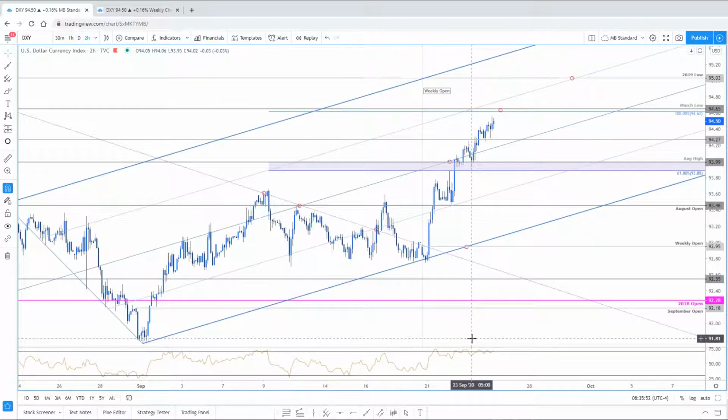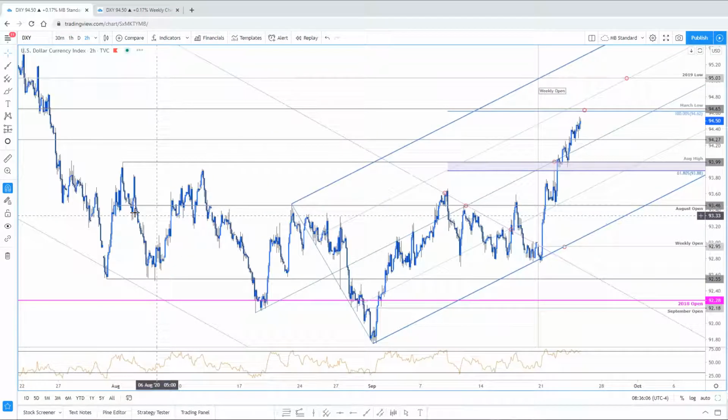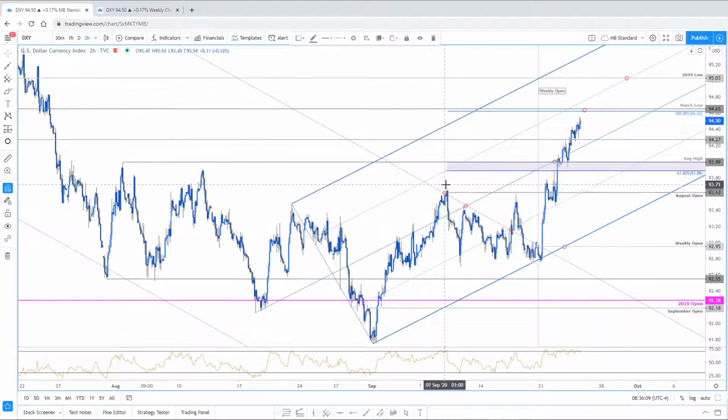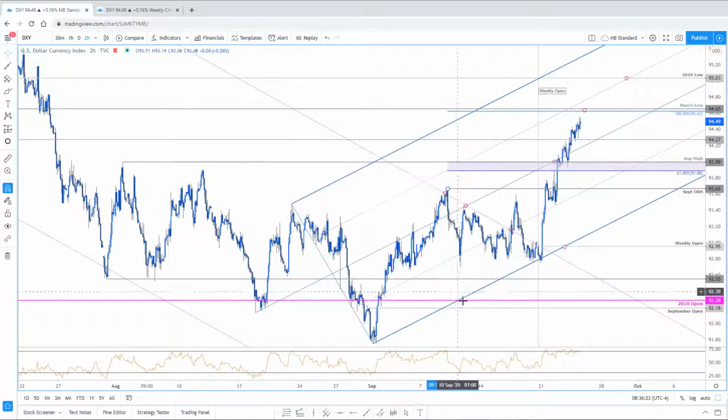Initial support, I'd look right back at 93.99, basically the 94 handle into 93.88, this zone right here. That's kind of the sweet spot you'd want to see hold. Bullish inval, I'm going to have to put it at the monthly opening range high. The August open was a nice level for us, but we're going to work with this, the September opening range high.